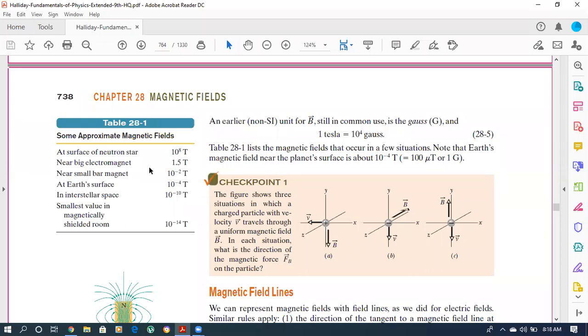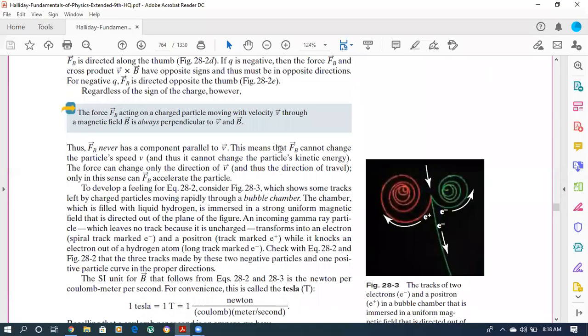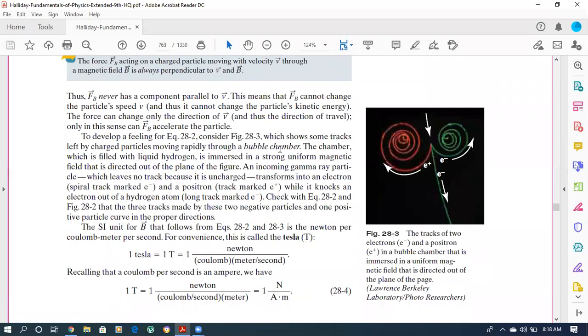Here are the magnetic fields of some planets or other objects. Neutron stars have such a huge magnitude of magnetic field, and there are some other electromagnetic fields, and the Earth's surface itself is about 10^-4 Tesla.